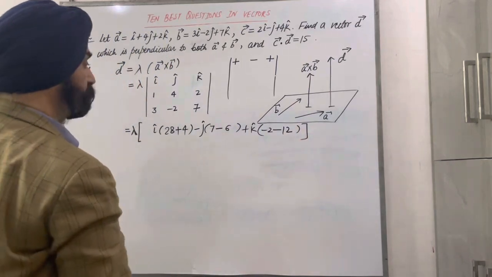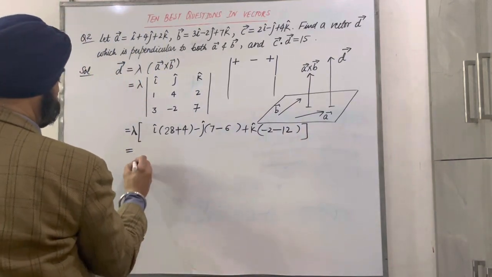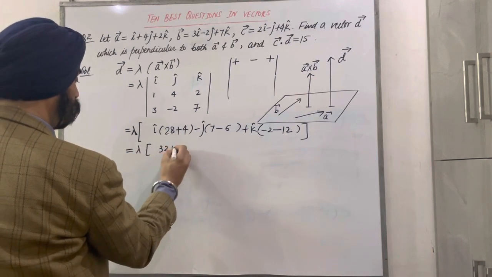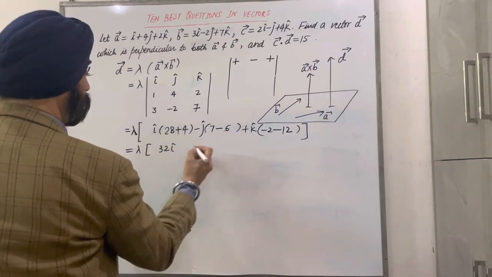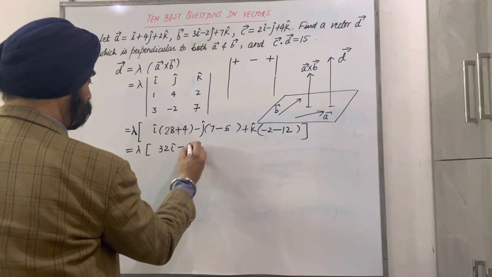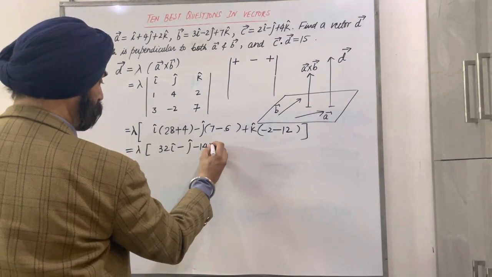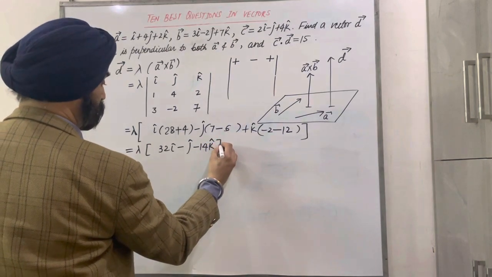So this comes out as lambda times 32 of i cap, and here we get minus of j cap and minus of 14 of k cap.